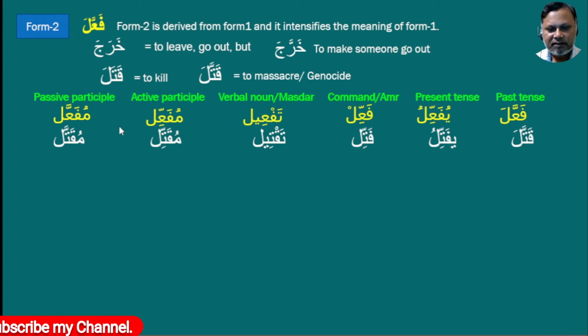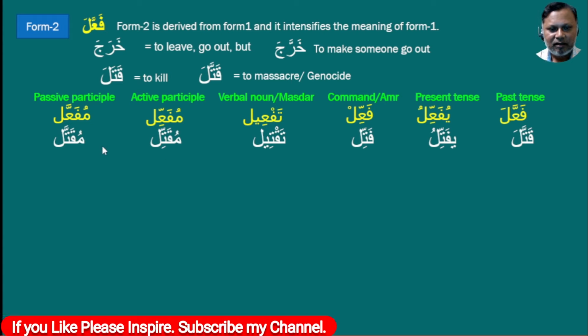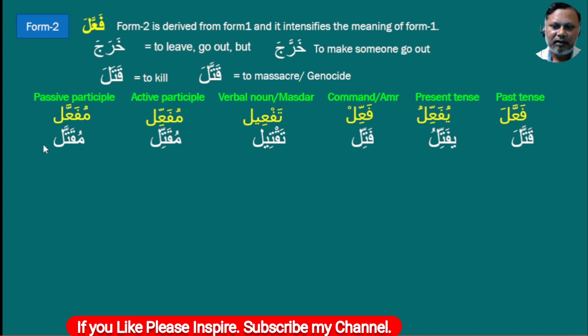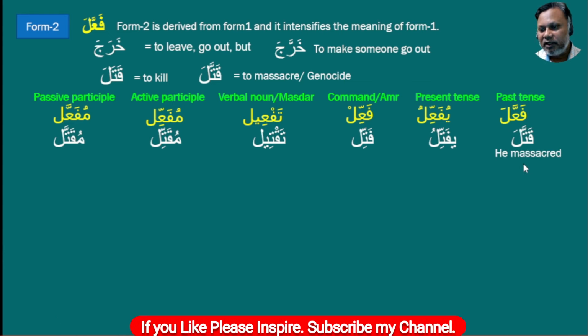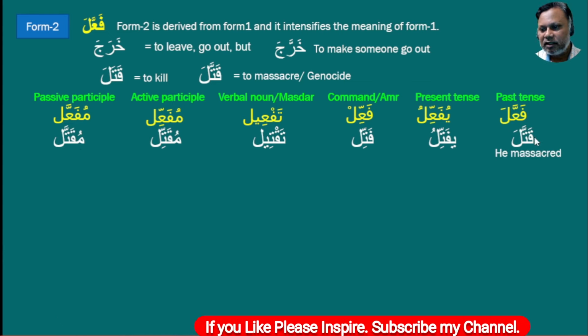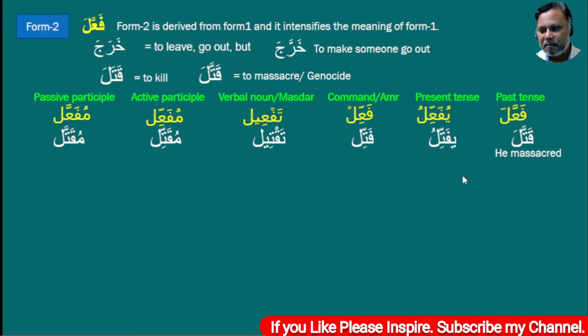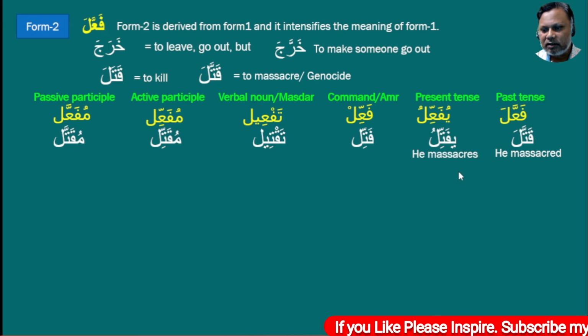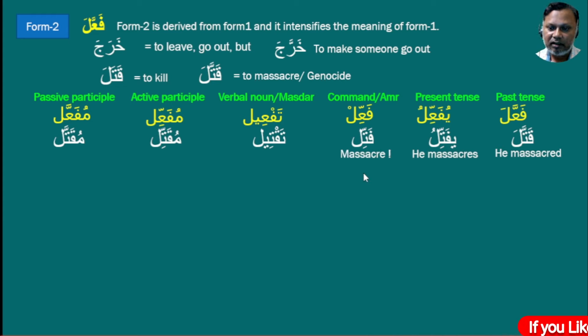And the active participle will be mukattil, and the passive participle will be mukattal. The meaning: kattala means he massacred, and yukattilu means he massacres, in the present tense. The command will be massacre, kattil.